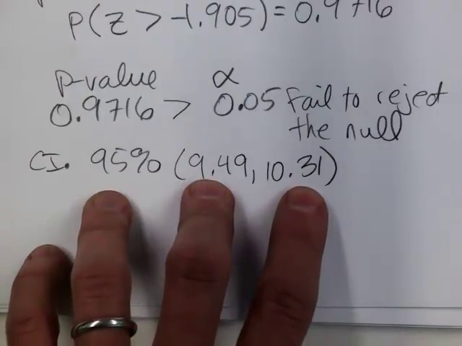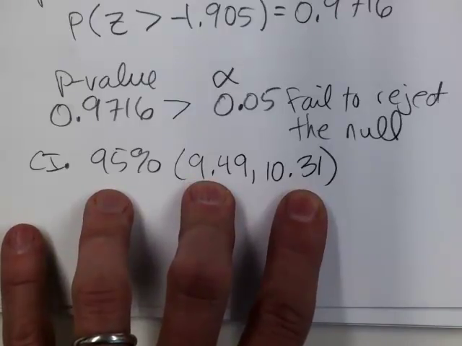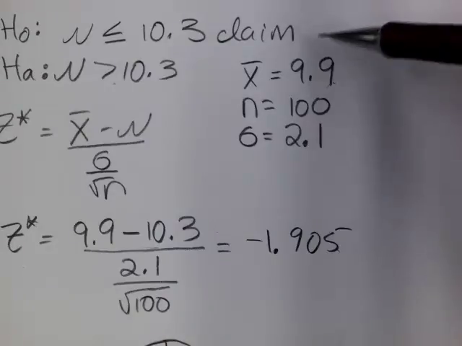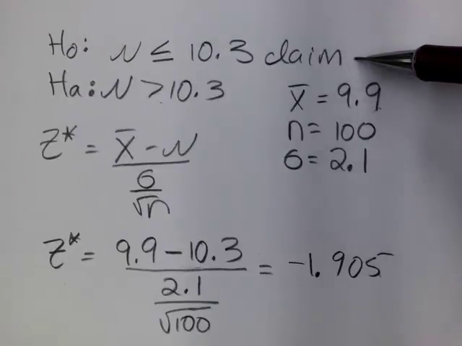Okay, so looking at this confidence interval, this is a range of values likely to contain mu. Does this confidence interval support failing to reject the null? The confidence interval limits go from 9.49 up to 10.31. Is most of this confidence interval below 10.3?